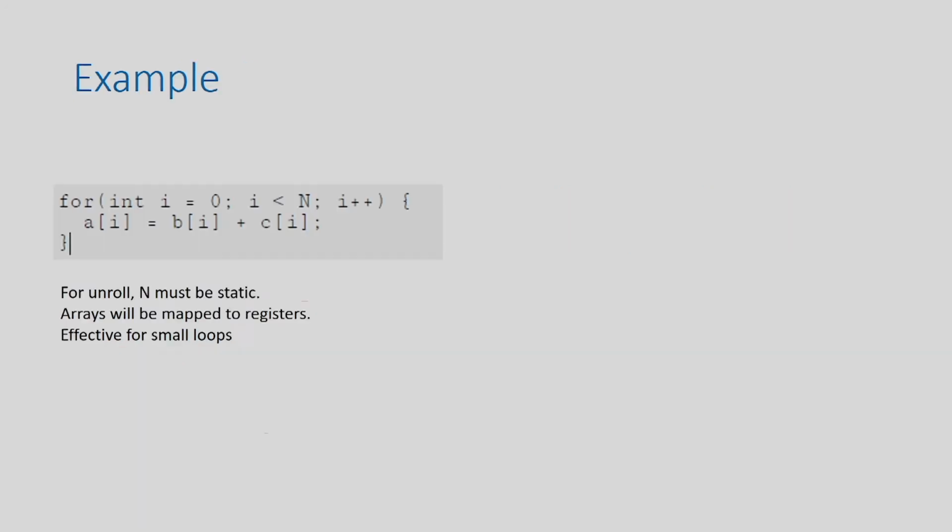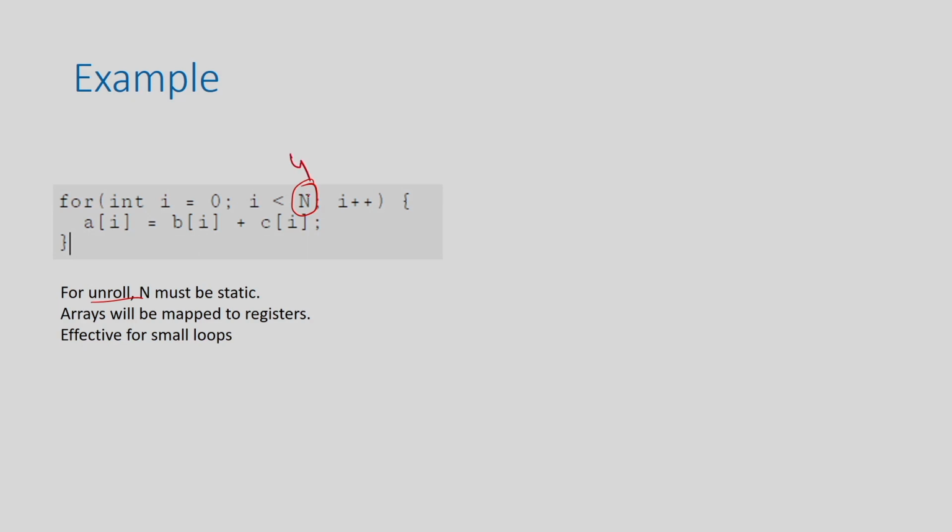Okay. So, let me take examples. Suppose you have this loop, and one important point here is that for unrolling, the loop bound should be static, right. So, unless you know this is a fixed value, I cannot unroll the loop, right. So, that is the requirement. Now you assume that there is this loop, and suppose this is 4.